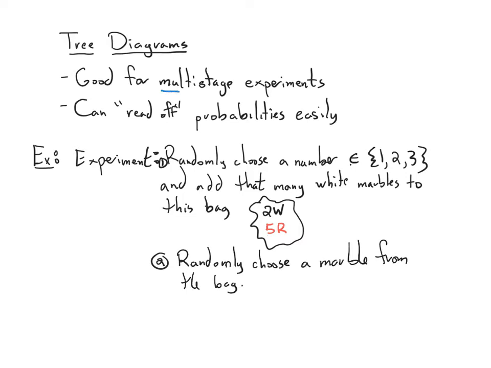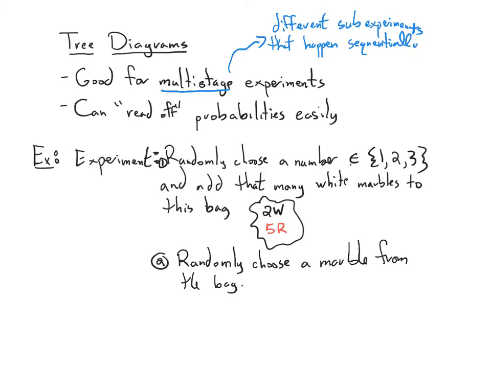By multi-stage, what I mean is you can break down your experiment into different parts, maybe sub-experiments, that happen sequentially. Or another way to put it is in series. So there's a series of events that happen.